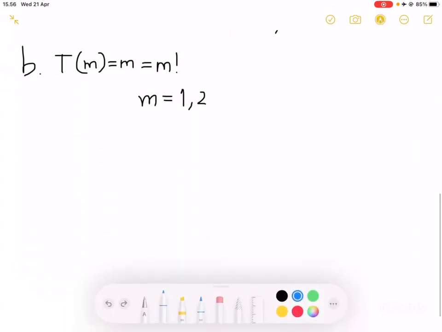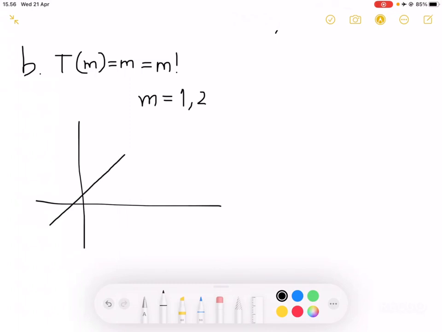So if you visualize that in a graph, this will show a linear graph which increases arithmetically, and this shows an exponential graph, or a graph that is similar to m factorial. So as you can see, the differences in the slopes.